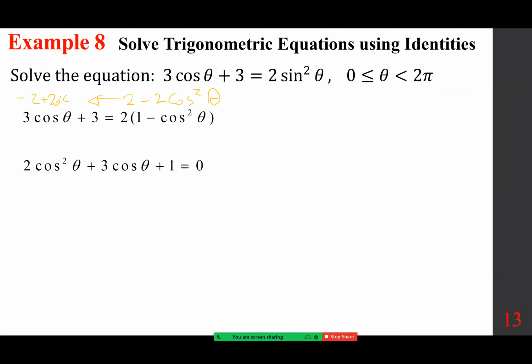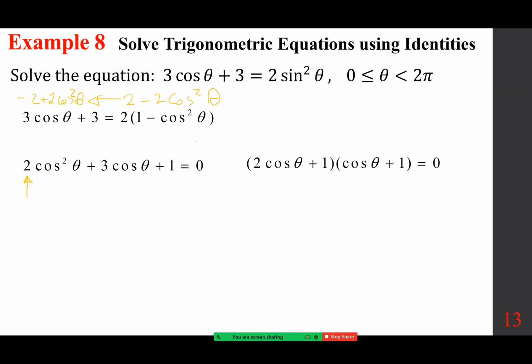Plus 2 cosine squared. Again, we can do this by factoring. Since this is number 2, it's very easy. So I hope everybody's okay with the factoring.